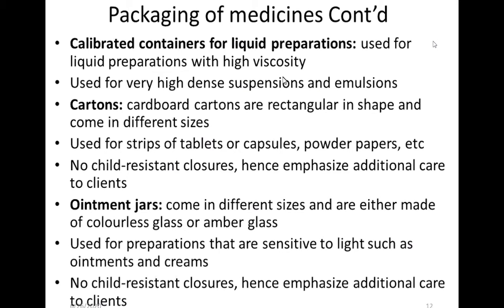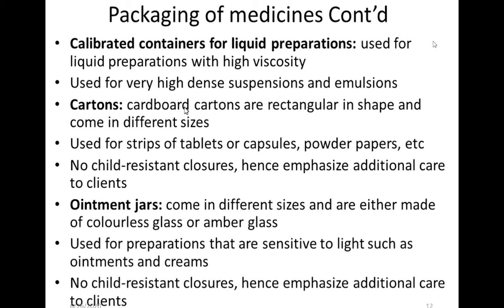The reason being that for a smaller bottle like a 50 ml or 10 ml bottle, when you're transferring the drug, it may be difficult because most of the drug may actually remain stuck to the walls of the container. So that's why we use these bigger calibrated containers.